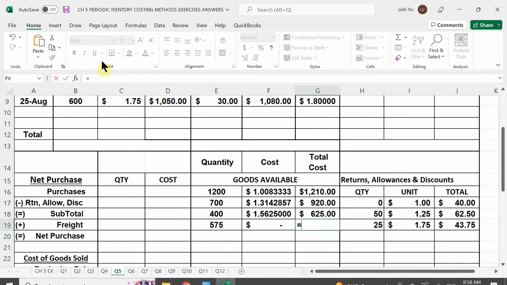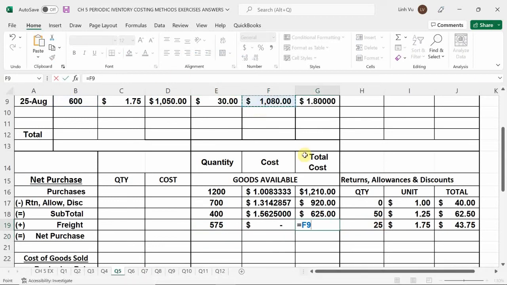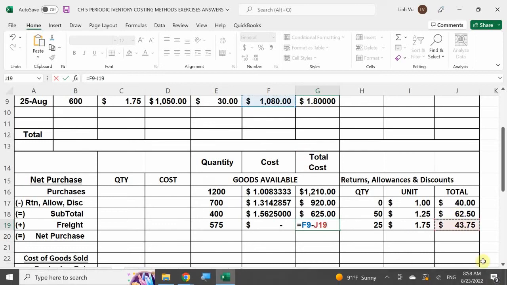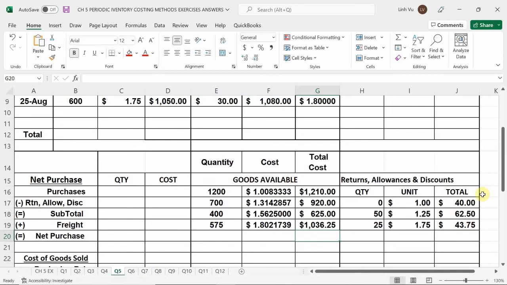And then I no longer owe 1080, because I end up getting a refund of $43.75. So in this case, I now owe $1036.25 for this batch of inventory, and now my cost has increased by 0.21739.